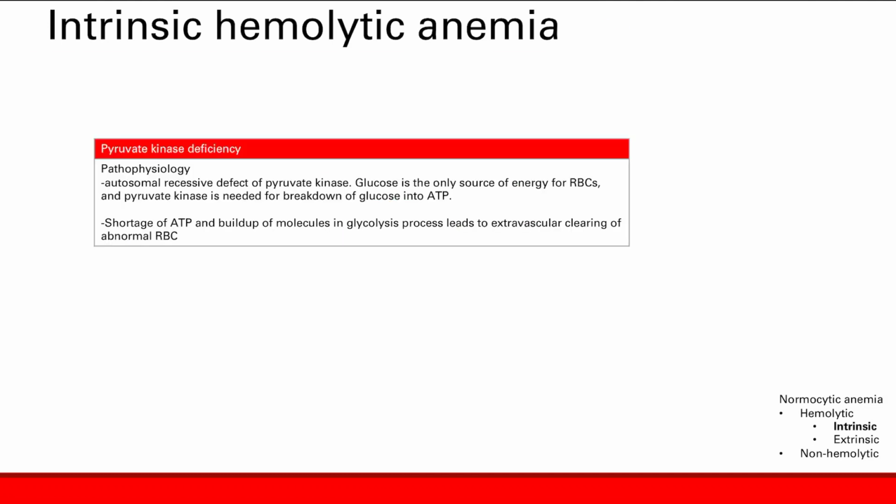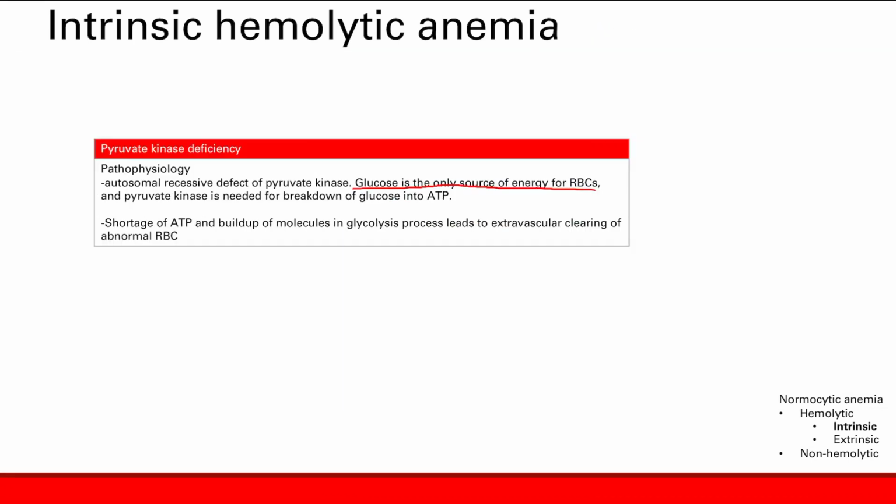Next is pyruvate kinase deficiency. You can tell from the name already, it's an autosomal recessive defect in pyruvate kinase. Glucose is the only source of energy for red blood cells, and you need pyruvate kinase to be able to break down glucose into ATP.